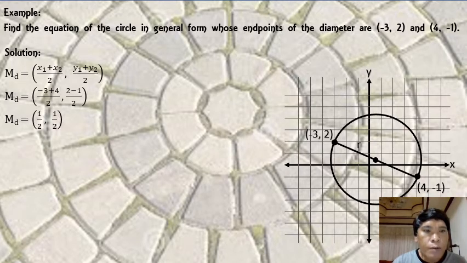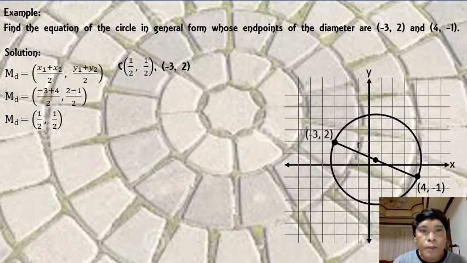Negative 3 plus 4 is 1 over 2. And for the y, 2 minus 1 is 1 over 2. So, therefore, the midpoint of these 2 points is 1/2 and 1/2. So, therefore, the center of the circle is (1/2, 1/2). And take one of the points. Let's take negative 3 and 2 to use to find the equation of the circle.